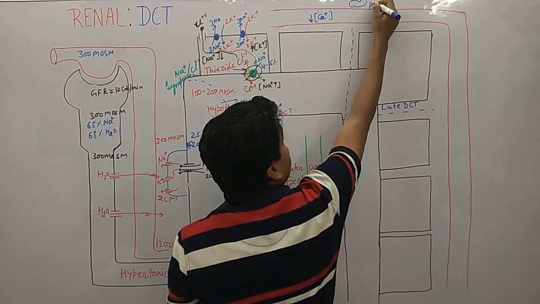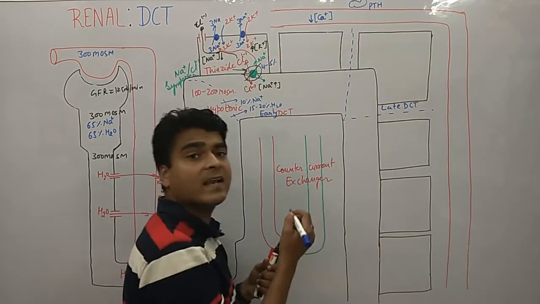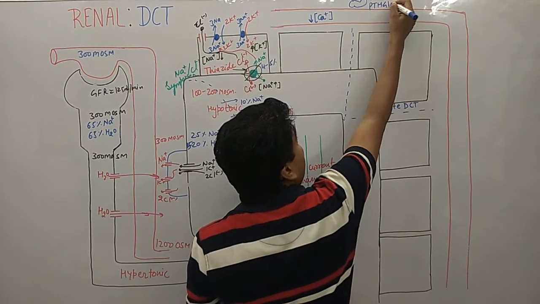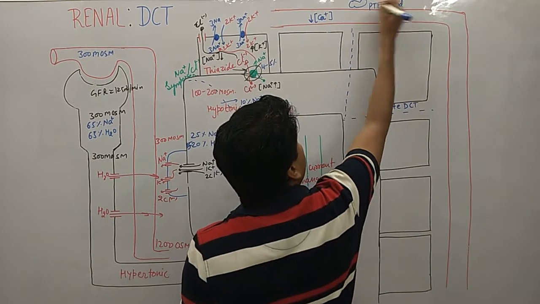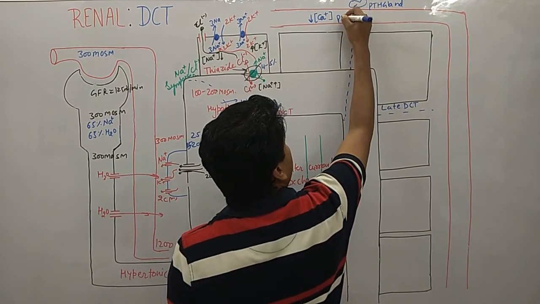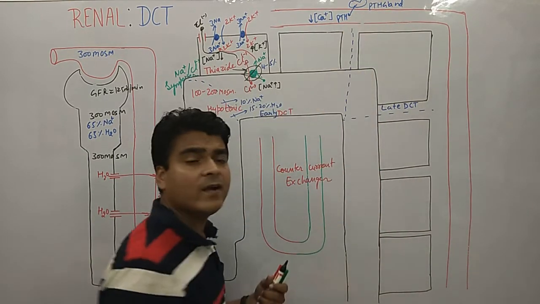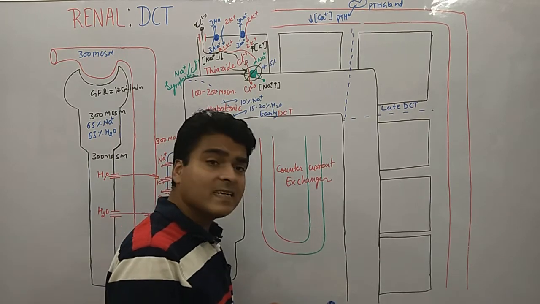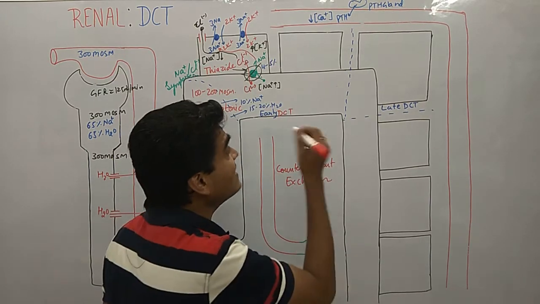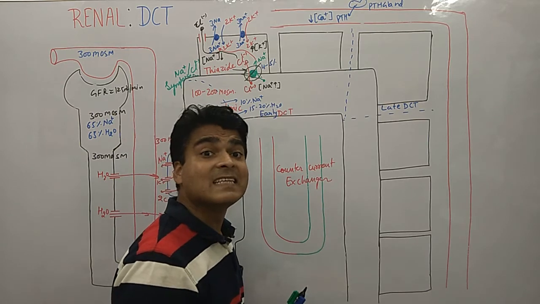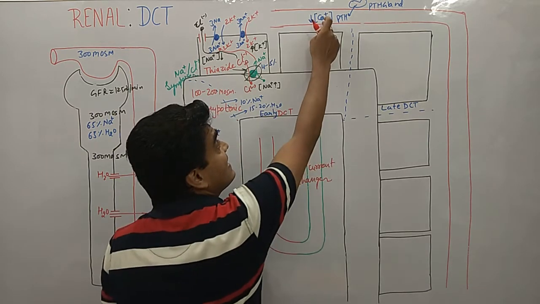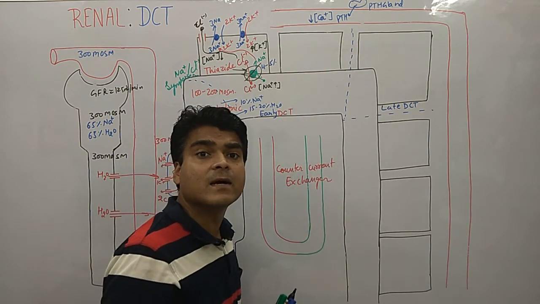The parathyroid gland is releasing PTH, parathyroid hormone. Parathyroid hormone is released whenever there is a decrease in the calcium within the blood.